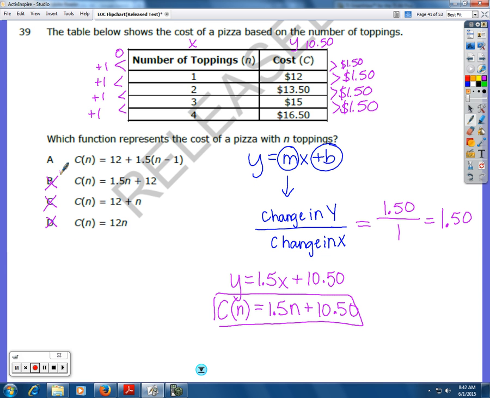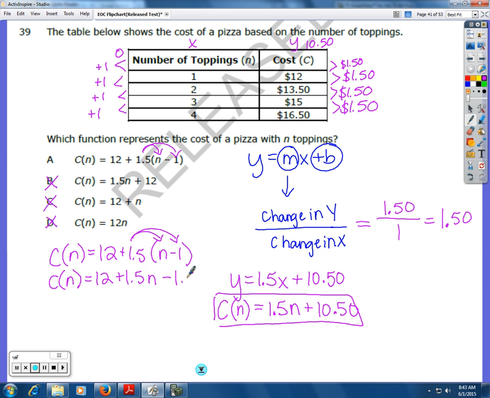If you look at A, this is really tricky because if I were to simplify this expression and multiply 1.5 out, look what I would get. I'm going to rewrite this down here. If I were to distribute this 1.5 out, I'm going to end up with 1.5n minus 1.5.